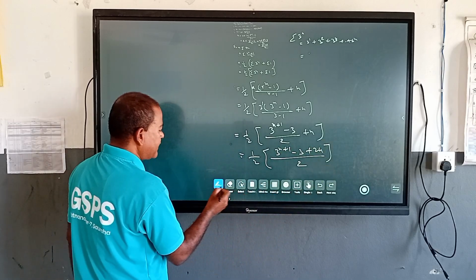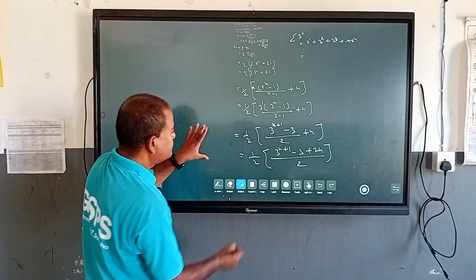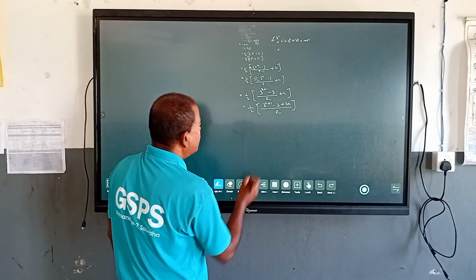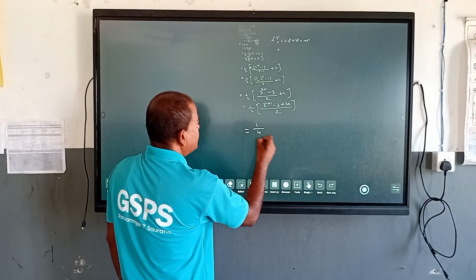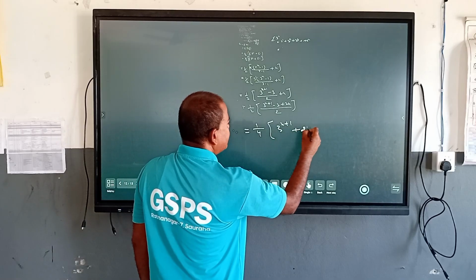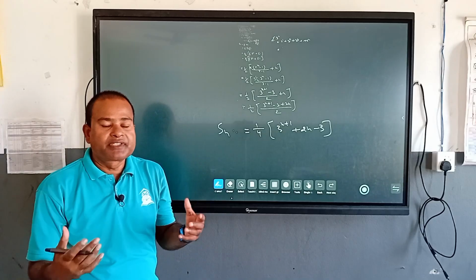So the final answer is 1 by 4, 3 power n plus 1 plus 2n minus 3. So this is the sum of the given series.